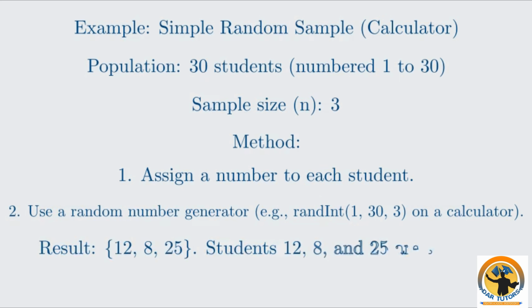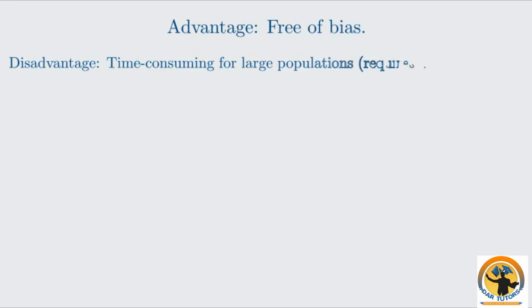Students 8, 12, and 25 would then form our sample. The key advantage of simple random sampling is that it is free of bias. The main disadvantage is that it can be time-consuming to implement for very large populations, as it requires a complete list of all members.